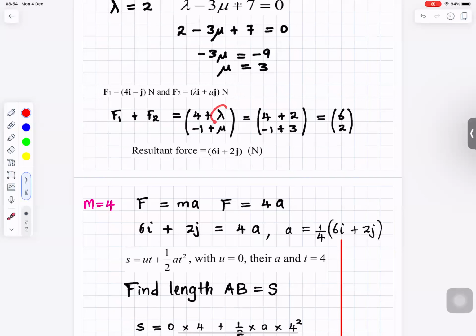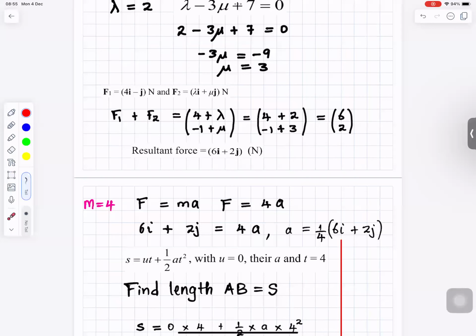But do we know what lambda is? Yes, lambda is 2. Do we know what mu is? Yes, mu is 3. So we replace lambda and mu. 4 plus 2 is 6, minus 1 plus 3 is 2. So the resultant force would be 6i plus 2j, and of course, newtons of force. m equals 4.